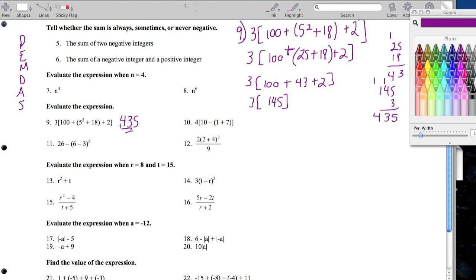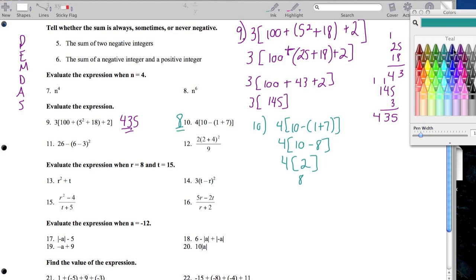Alright, let's try number 10. We'll use green, a teal for this one. We have 4 times 10 minus 1 plus 7. So it's going to be 4 times 10 minus 8. 4 times 2, which gives me 8. Number 10 is going to be 8.